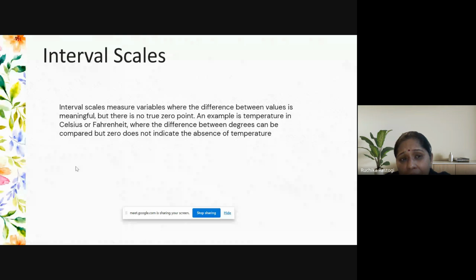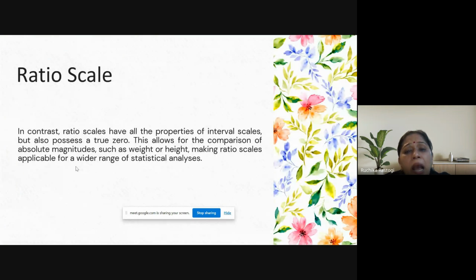But anything which has an absolute zero, like when we ask any company to show their sales or their revenue, or somebody's marks, their height, their weight, we can have the answer of how many times. We can also apply plus, minus, multiplication, division, because there is some value of zero. Zero means nothing.